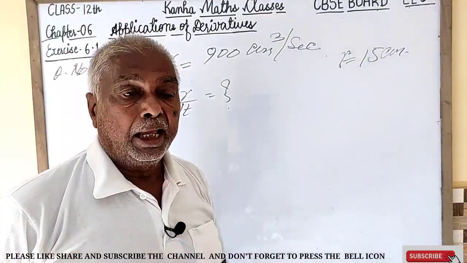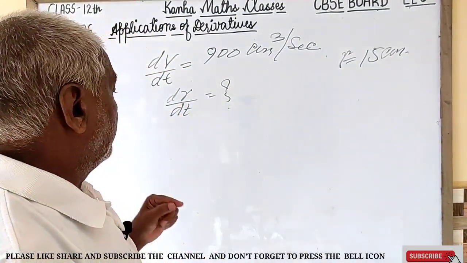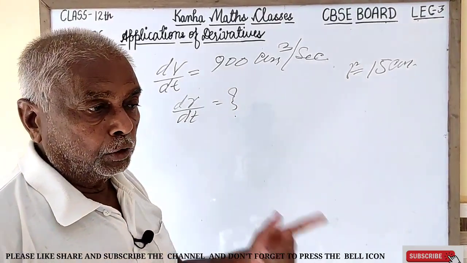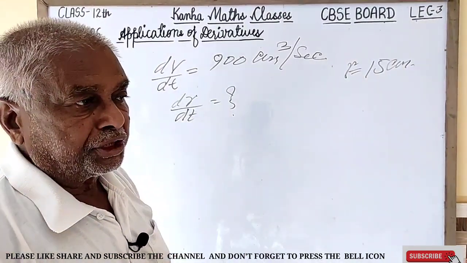Then we will have to find out the rate of increase of the radius, that is dr/dt, of the balloon. It's a single condition.